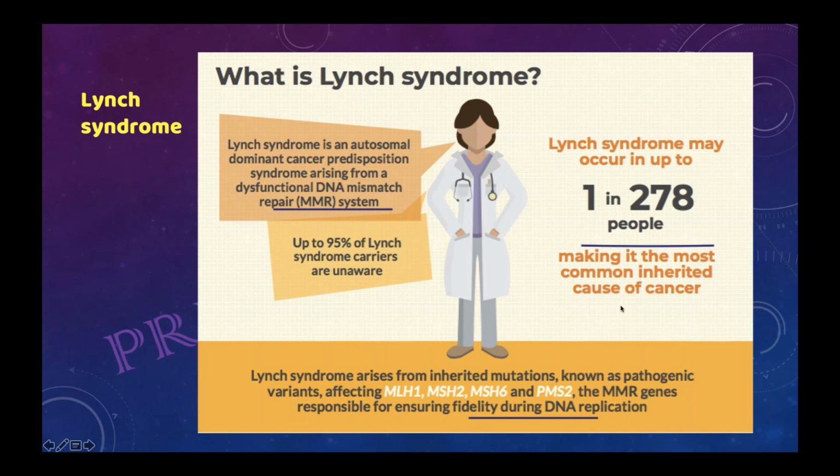Apart from this, it is the most common inherited cause of cancer. So you can get a question from this also. If we take inherited cancers in the picture, Lynch syndrome will be the most common. I don't know whether this number is important or not, but it is 1 in 278, so you can just say 1 in 300.